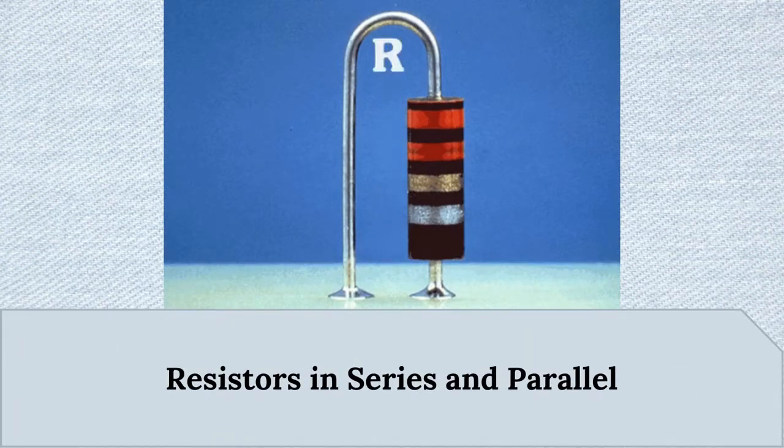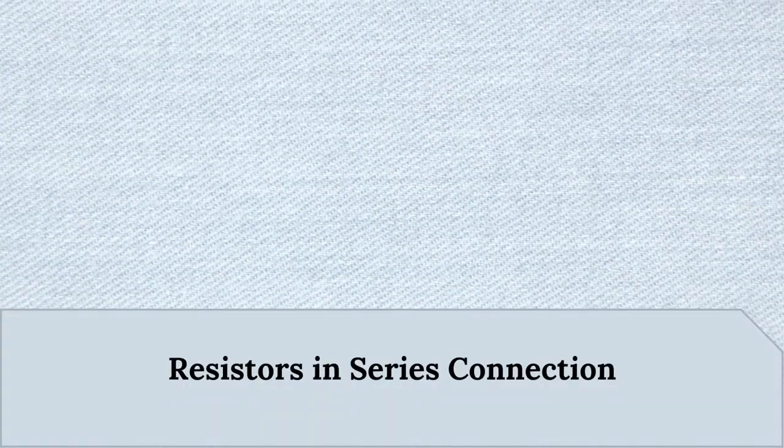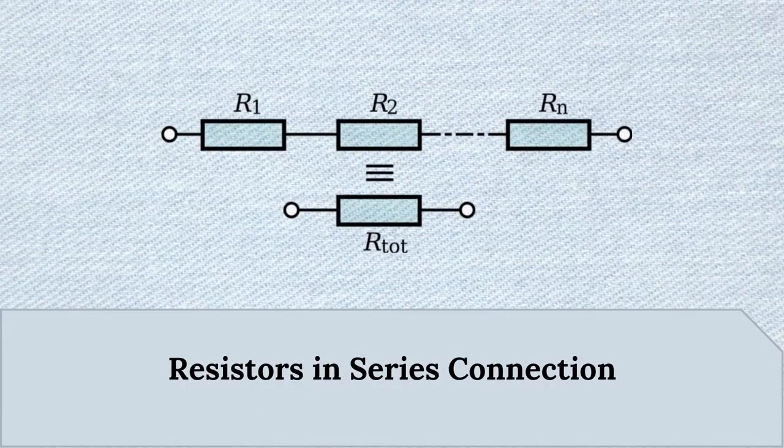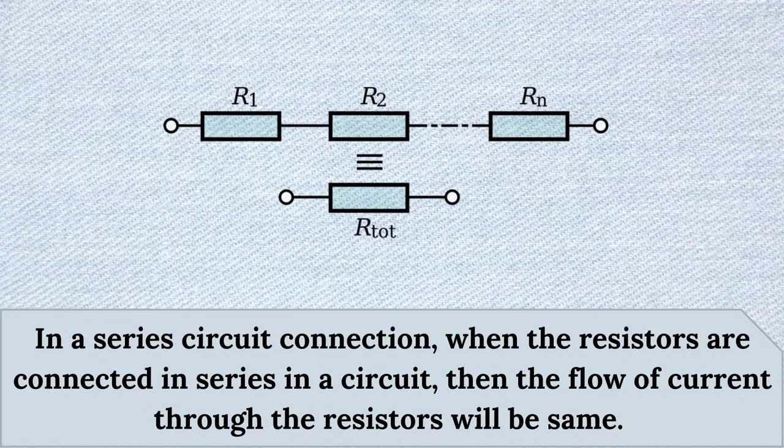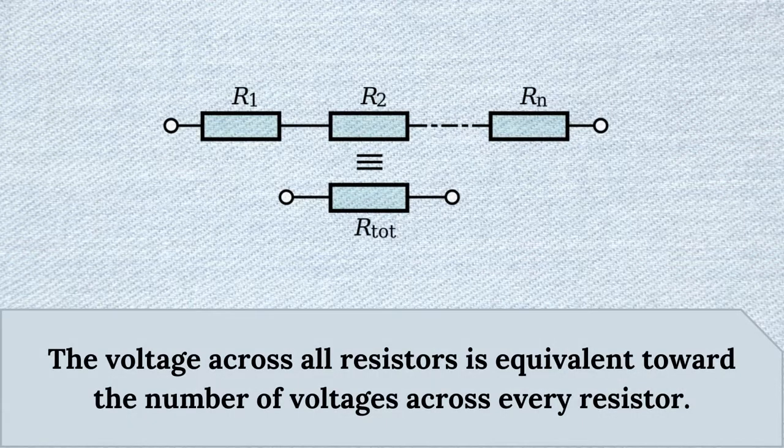Resistors in series and parallel. Resistors in series connection. In a series circuit connection, when the resistors are connected in series in a circuit, the flow of current through the resistors will be the same. The voltage across all resistors is equivalent to the sum of the voltages across every resistor.